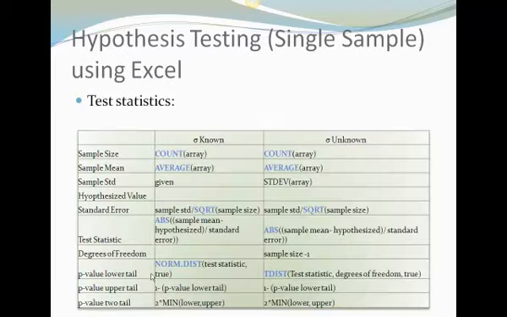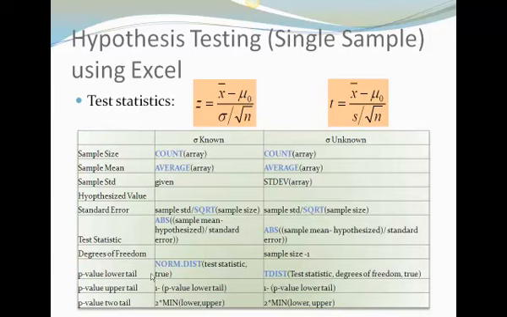So here's how to calculate your hypothesis testing using Excel. Now, I give you the information for both T and Z. However, I'm really only ever going to test you on T because in reality, you really never know the standard deviation of the population.